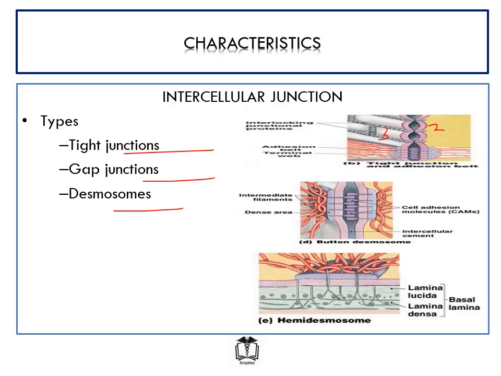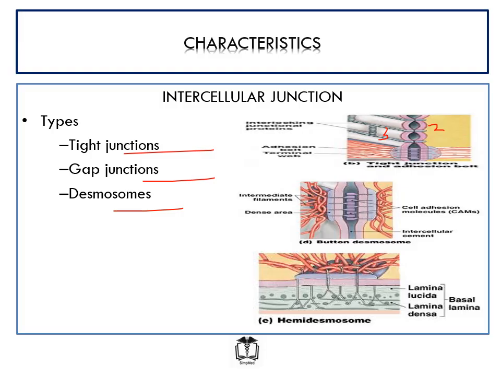In doing so, they isolate waste, metabolic byproducts, and different structures in the lumen, and prevent those structures from passing through or between the cells to come out of a particular organ.